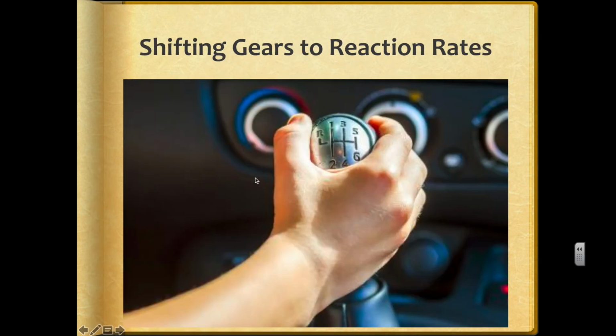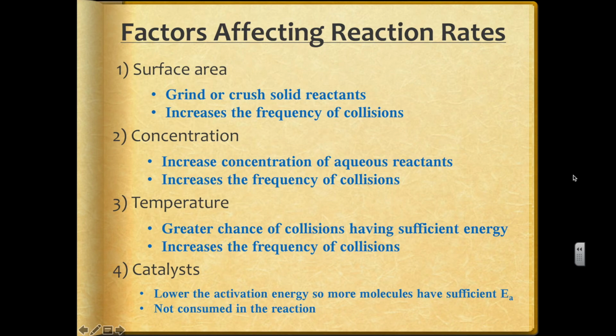Okay. So let's shift gears just a little bit into reaction rates and see what it takes to speed up a reaction. Now there's 4 factors that affect a reaction rate. There's the surface area, concentration, temperature, and a catalyst. Now, I want to see if you can see some common threads here. So for surface area, we're mostly talking about solids.